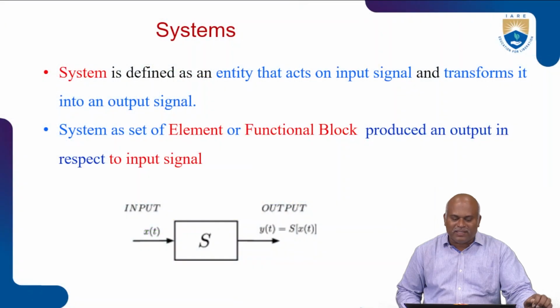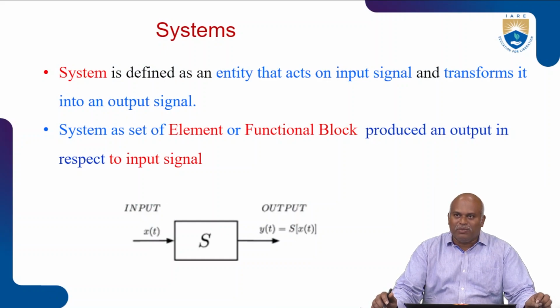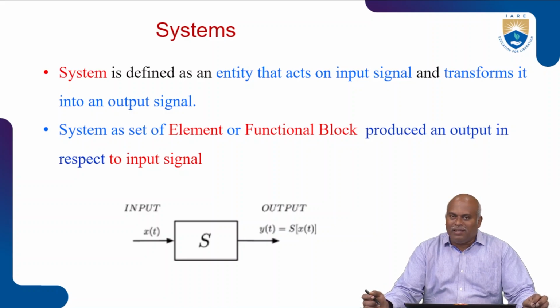Last class, we studied the system. A system is defined as an entity that acts on an input signal and transforms it into an output signal. A system consists of elements like discrete inductors, resistors and capacitors, and electronic devices like diodes, transistors and FETs.